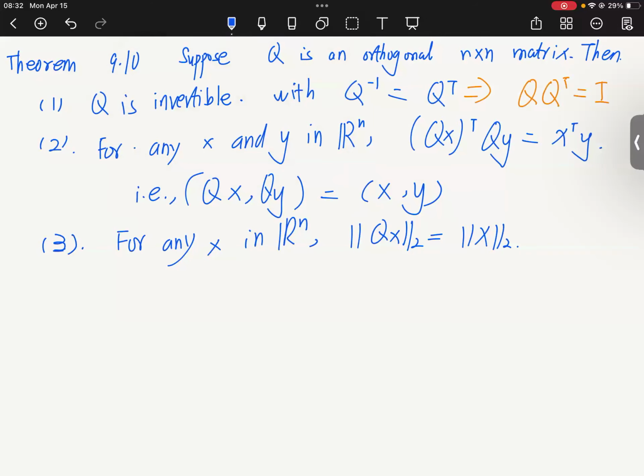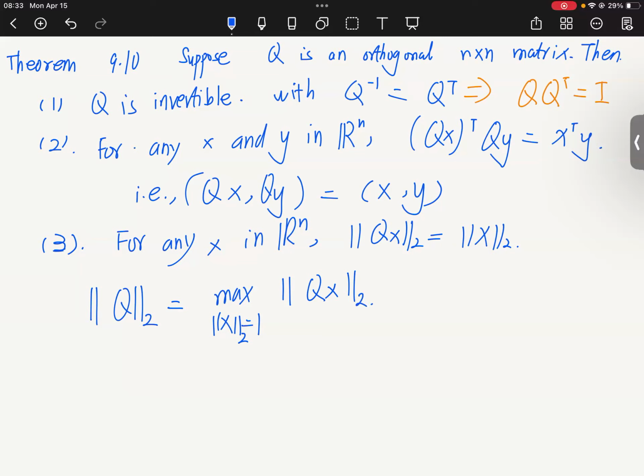If you go back and take a look at the definition of the matrix norm, the norm of Q equals the maximum over x with norm equal to 1, the unit vectors. So we are taking the maximum among all the unit vectors, but it's related to the 2-norm, and then we have the 2-norm of Qx.